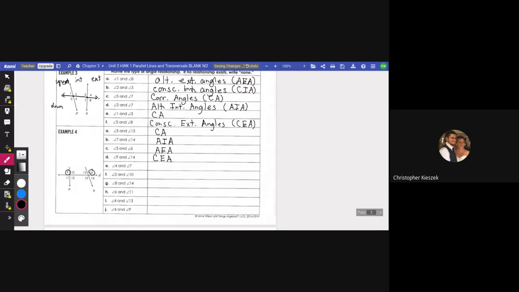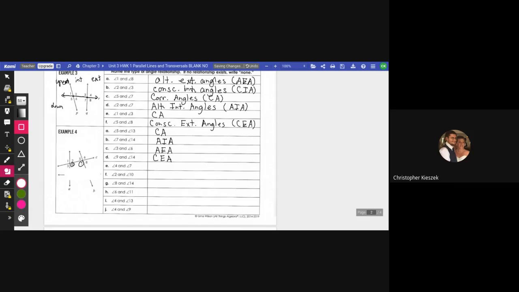Looking at the next one here, the last one we'll look at together, 4 and 7. So here's 4, here's 7. If I would then get rid of the bottom here, what kind of angles do I have?